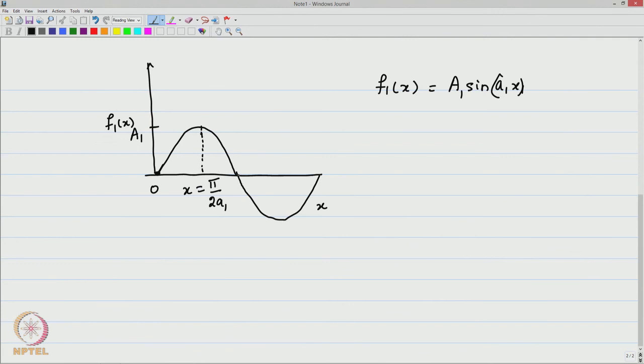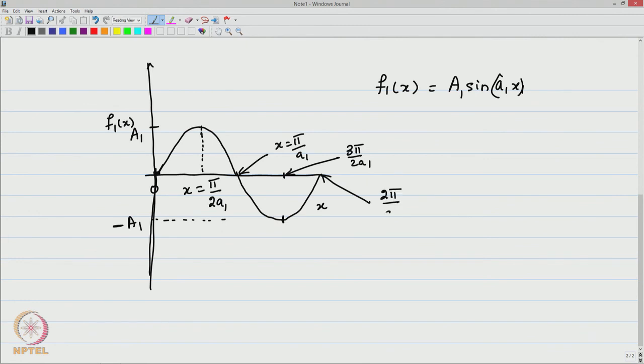The 0 happens for x equal to pi by a1, and the minimum, if you draw this axis, is minus a1, and this happens for the value 3 pi by 2 a1, and the last one is 2 pi by a1.